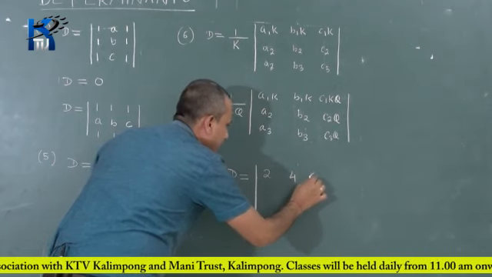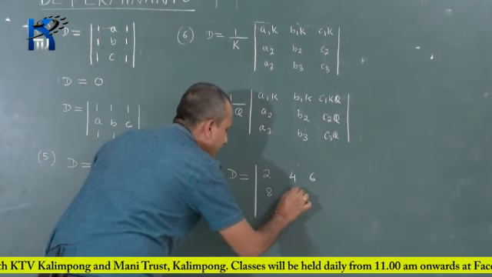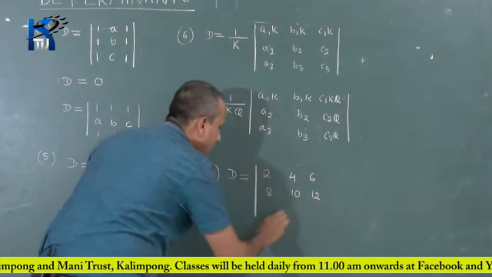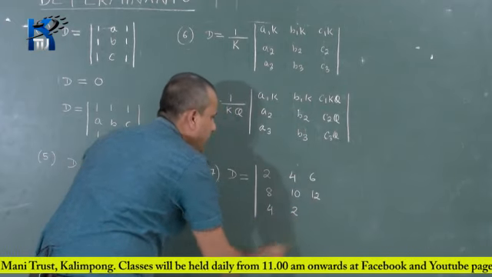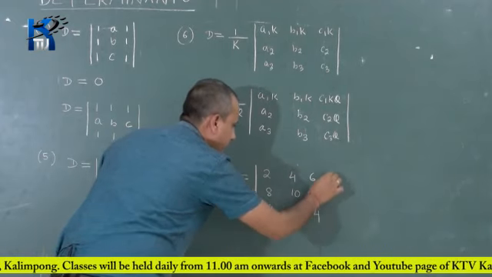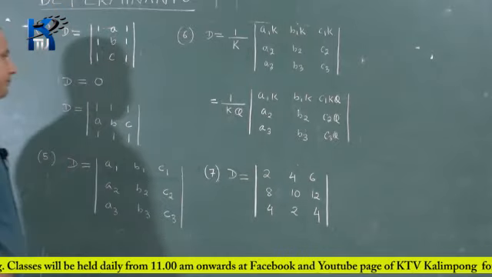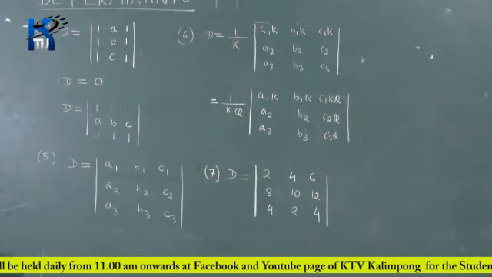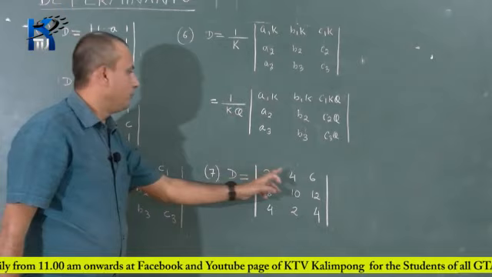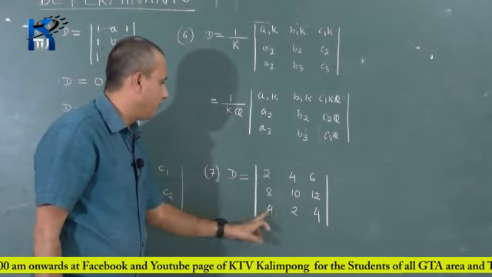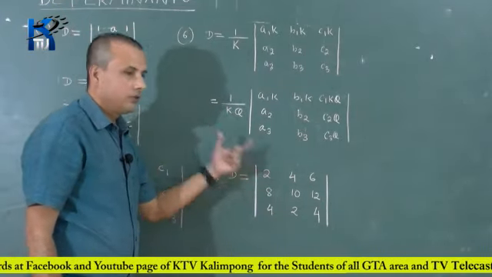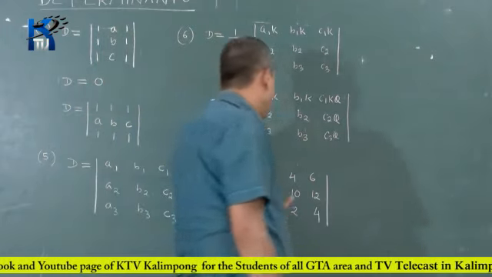2, 4, 6, 8, 10, 12, 4, 2, 4. Now, see over here, these are the elements in terms of numerals: 2, 4, 6, 8, 10, 12, 4, 2, 4. This is also a very, very important property for the numericals.